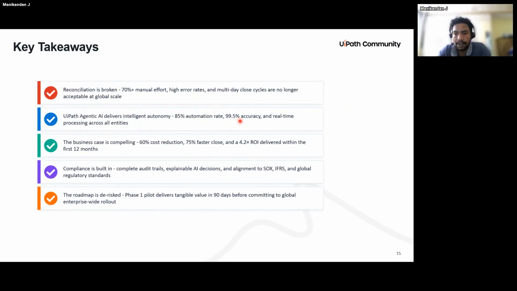You have your real-time dashboard, seeing what went well, what did not go well, and where I need improvements. 60 percent cost reduction, 75 percent first-time closure. Your ROI will be almost 4.2, what I have mentioned. It will go beyond that as well, based upon my experience. These are all the key takeaways which we have discussed so far.